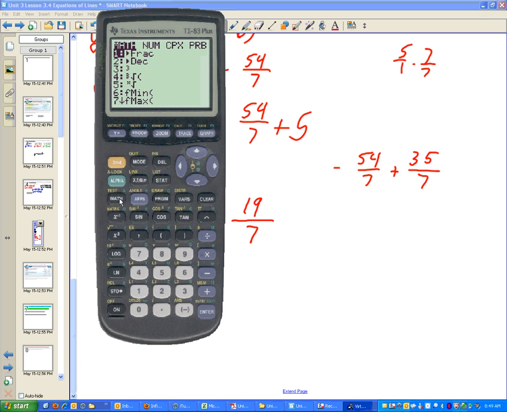Choose from the math menu, choose fraction. Now everybody wants to tell mom and dad, I need $100 for a calculator, but don't. But hey, if you got that and you want to use it, fine with me.